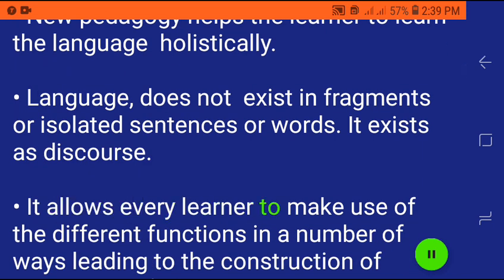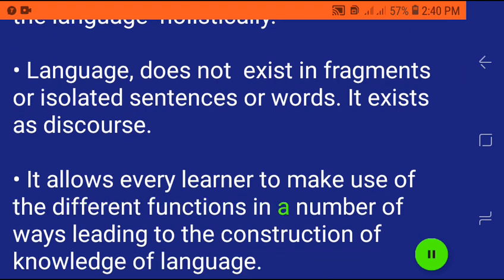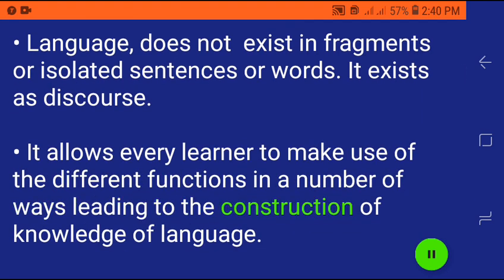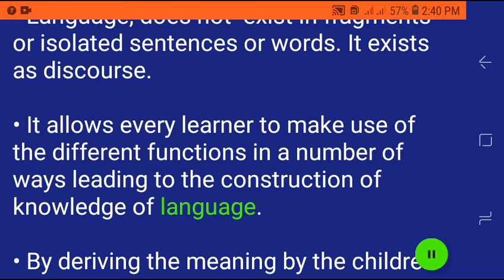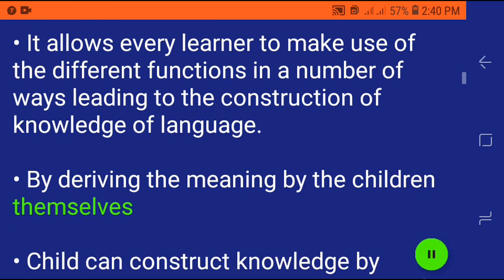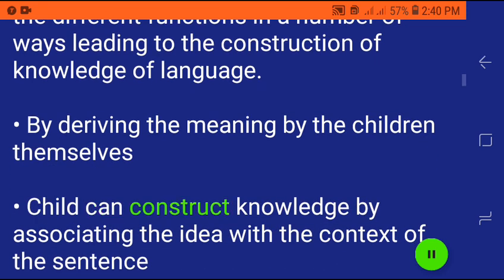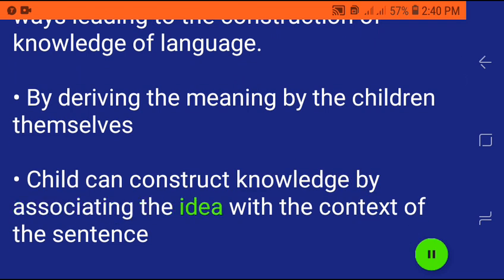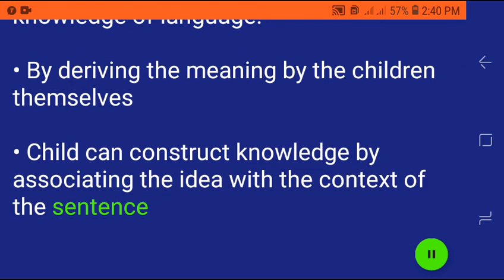It allows every learner to make use of the different functions in a number of ways, leading to the construction of knowledge of language, by deriving the meaning by the children themselves. Child can construct knowledge by associating the idea with the context of the sentence.